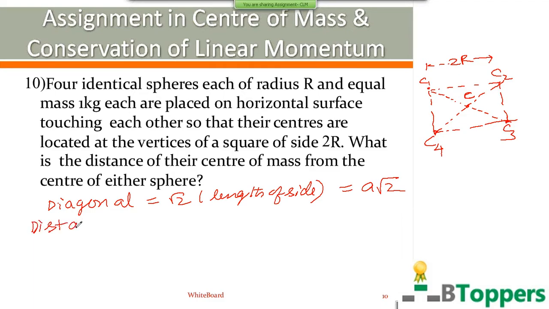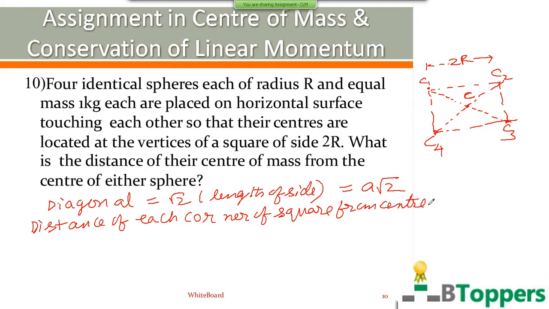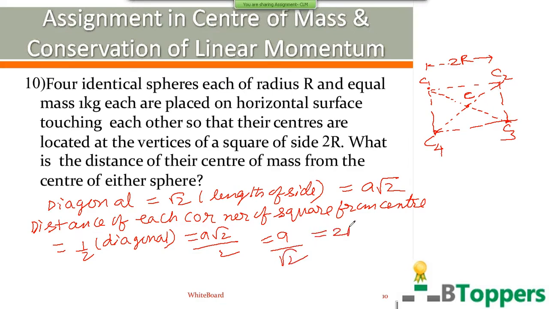So the distance of each corner of the square from the center of the square will be equal to half of the length of the diagonal. The diagonal is a root 2, divided by 2, which is a by root 2. Here a is the length of each side of the square, that is 2r. So you get r times root 2 as the answer.